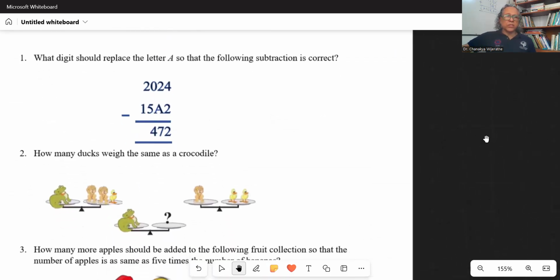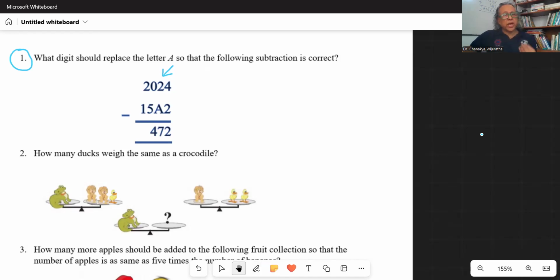What digit should replace the letter A so that the following subtraction is correct? Okay, so if the subtraction is correct, we can do it. First we look at the ones column. You take away 2 from 4, you get 2. Then there's a 2 in the tens column, and an A, which represents a digit. When you take away A from 2, you get 7.